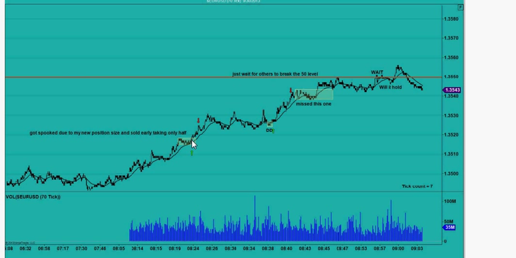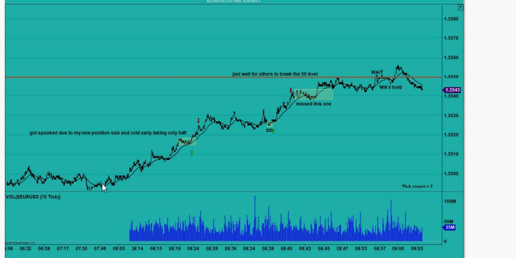On this one I entered a break of this block and rode the price up a little bit and sold off the position in this area. I had a large position going on, so when I got the first little hint of resistance, I closed part of the position, then closed the rest out over here.